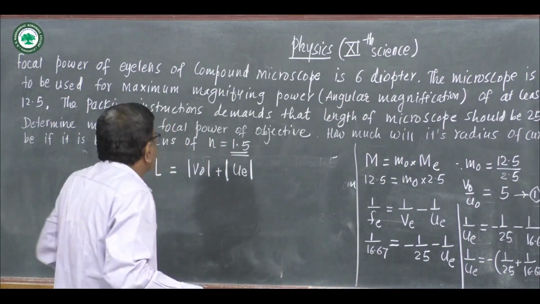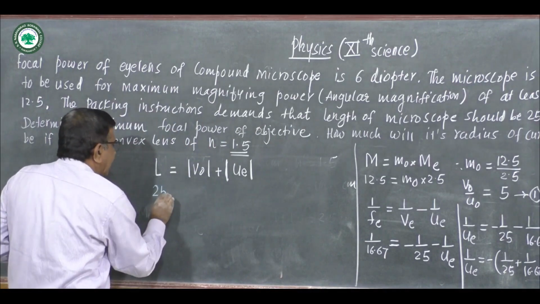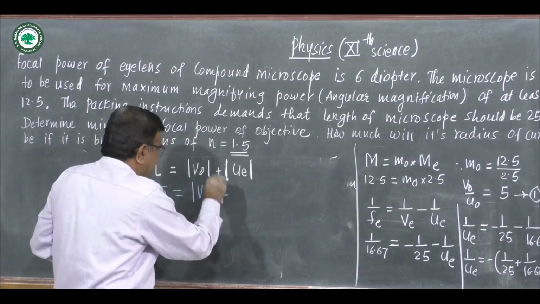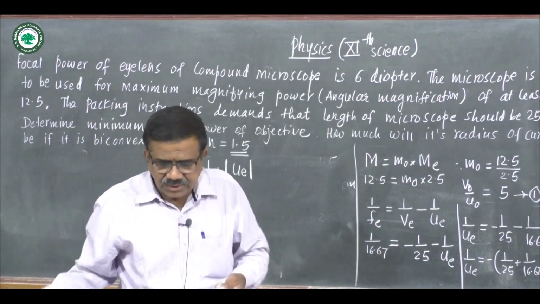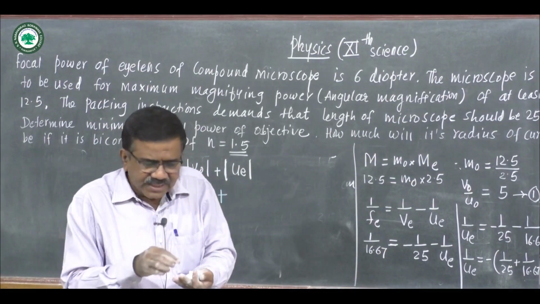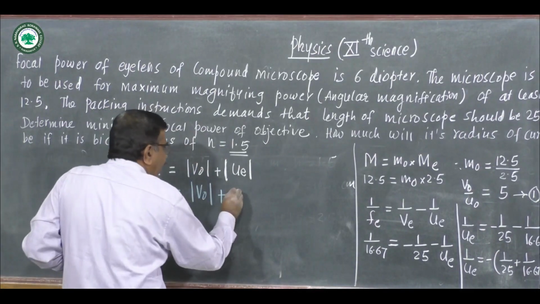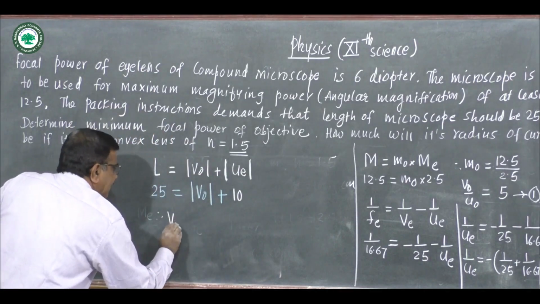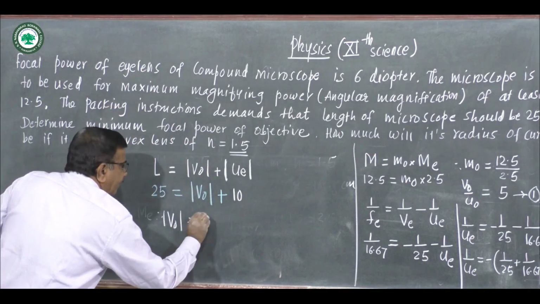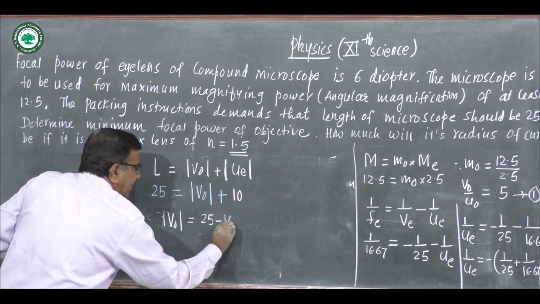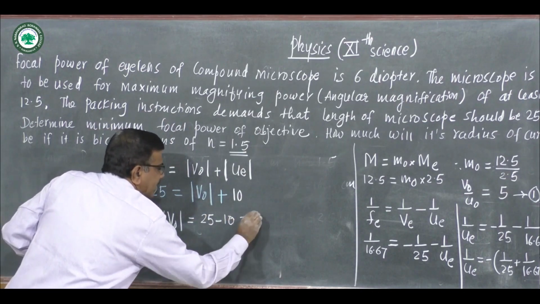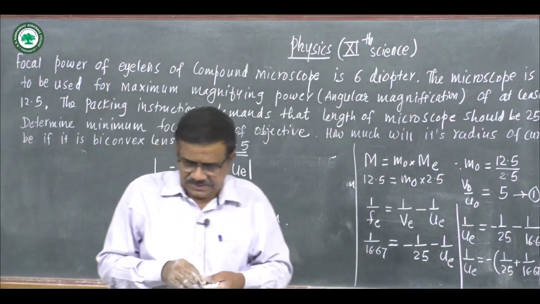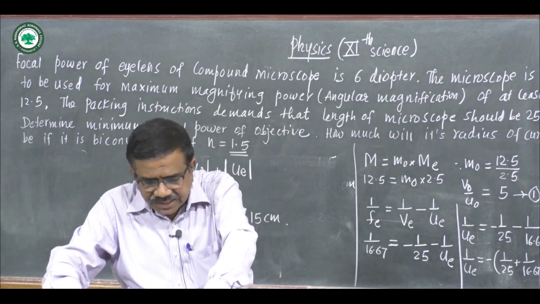So L is 25, it is given. 25 is equal to VO plus 10, taking UE's magnitude. Hence VO is 25 minus 10, that is 15 centimeter.